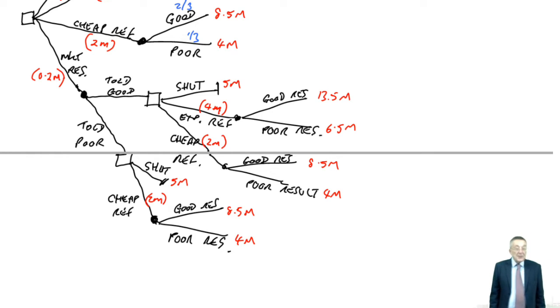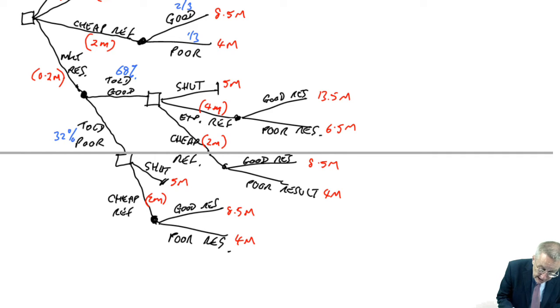There's a 68% probability they'll tell us it's good. So 68% probability they say it's good. And therefore, surely 100 minus 68, 32% probability the answer will be that it's going to be bad. But we're not finished yet.